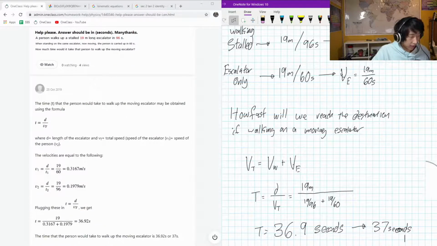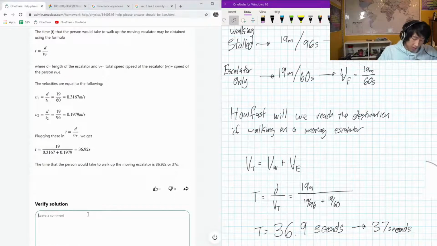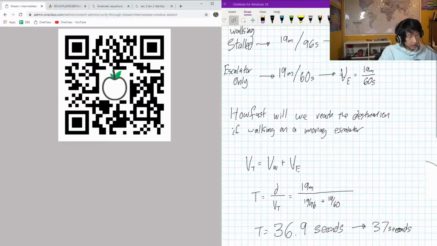Okay, so yeah, exactly. So this calculation is good. The main concept to focus on here is the addition of speeds. So the above solution is good. Very nice.